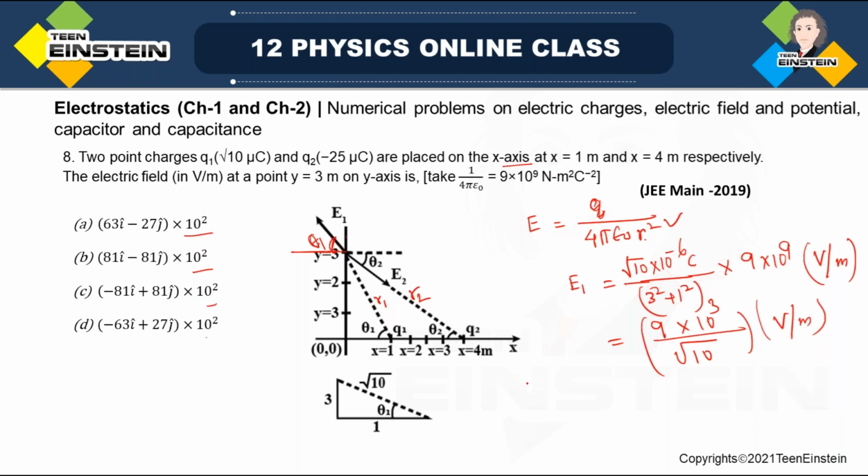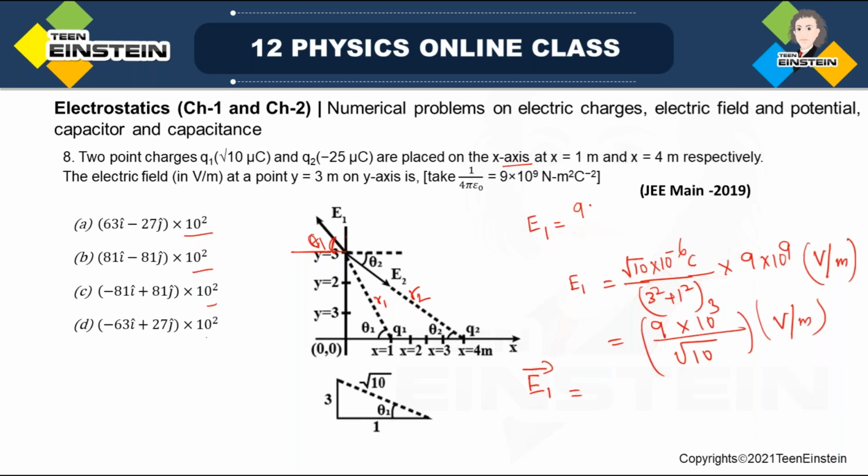If I want to write in terms of vector, what I have to write is E1 equal to. I'll be erasing this calculation part once I write this in full, and let me write the magnitude here itself, E1, because I need more space.